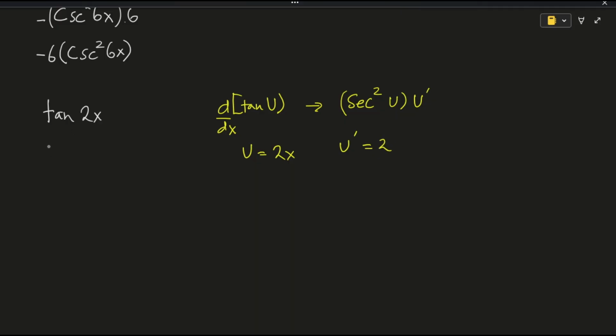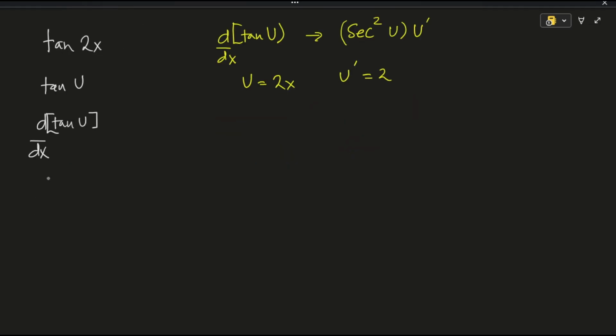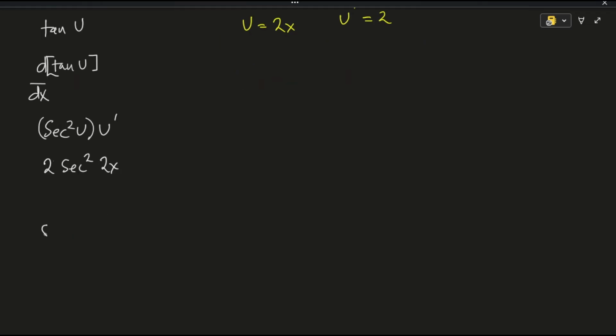So we can rewrite this trig expression as tan u, where its derivative with respect to x, based on this given formula, is as follows. So in rewriting it, we're going to have, what of this?